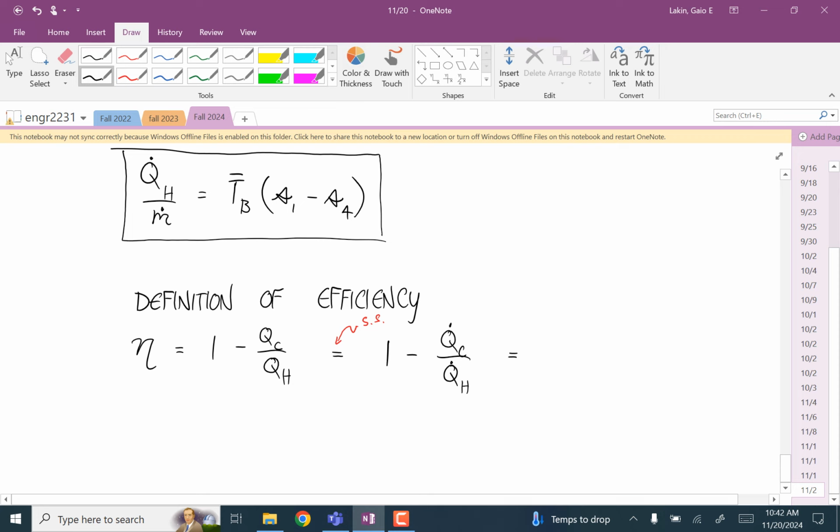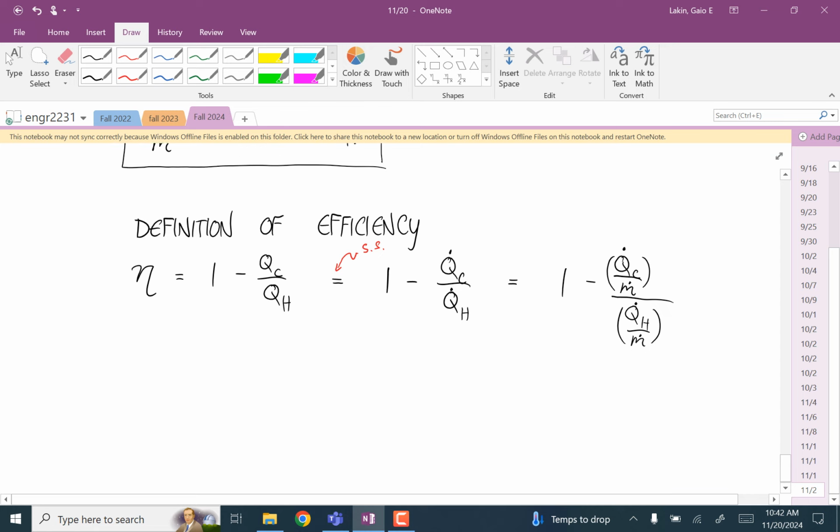And we can also then write this as 1 minus QC dot over M dot divided by QH dot over M dot. And so now let's plug in for that.